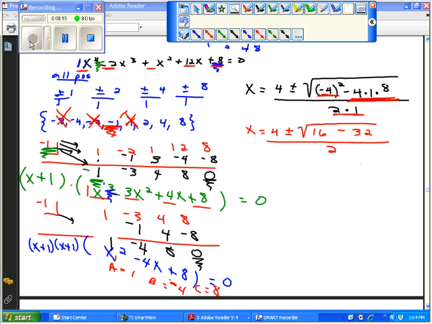We will continue to simplify the radicand, and so we're going to have x is equal to 4 plus or minus the square root of negative 16 over 2.